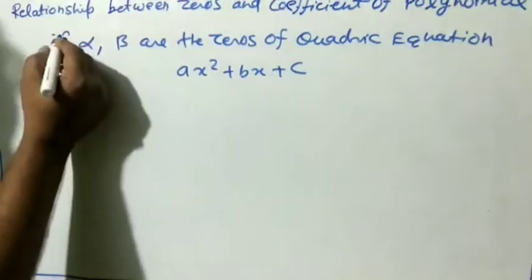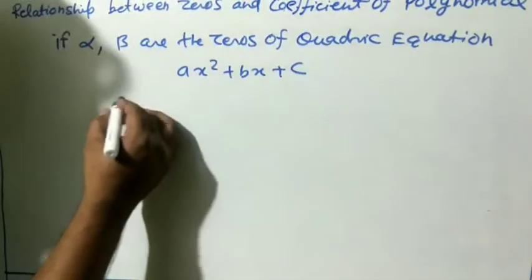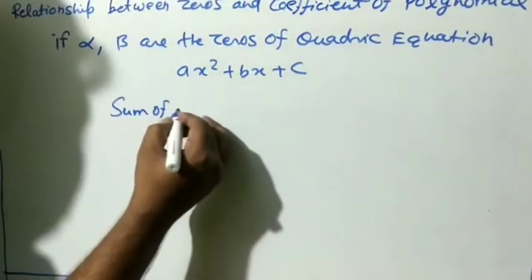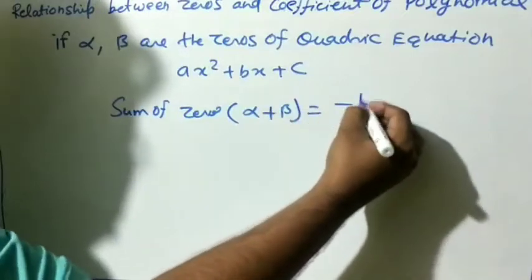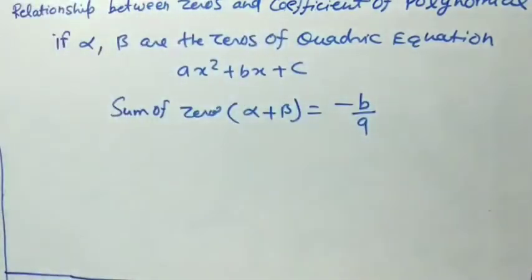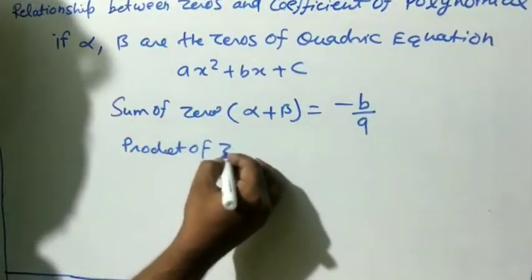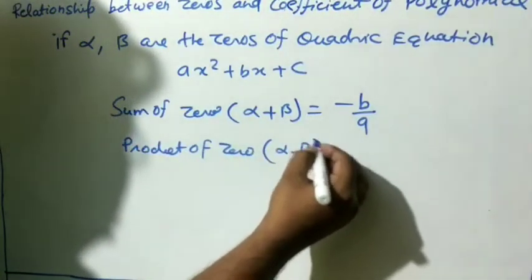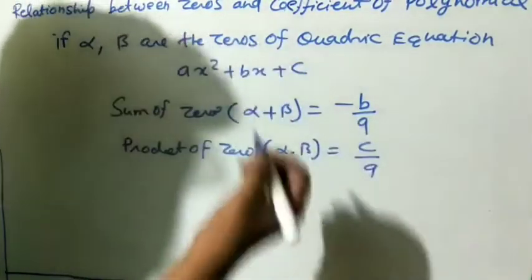Then the sum of roots or zeros, alpha plus beta, will be minus b upon a. The product of zeros, alpha into beta, equals c upon a. This is the basic formula you have to apply.